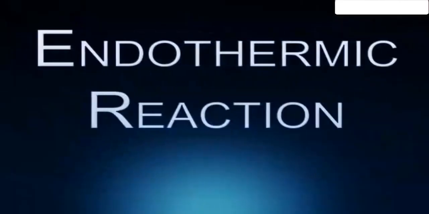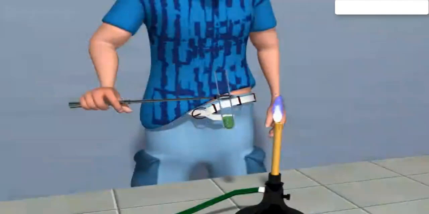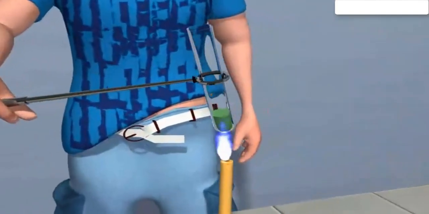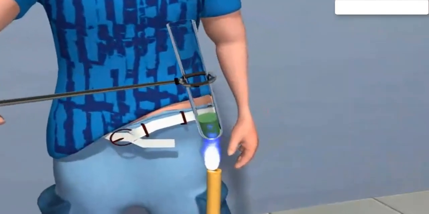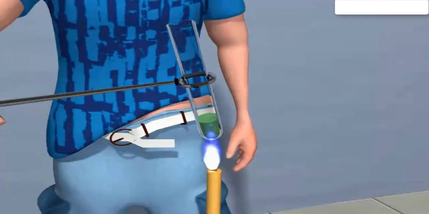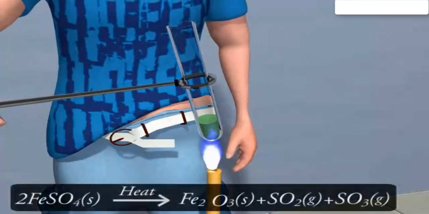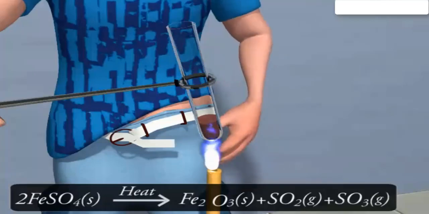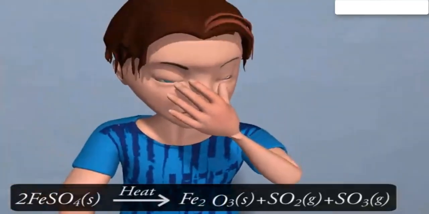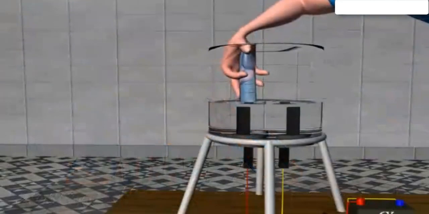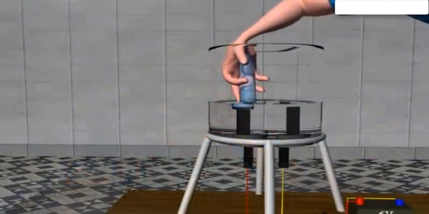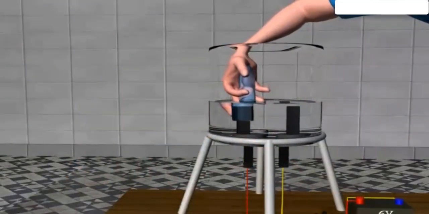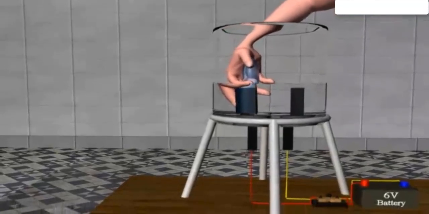Endothermic reaction. There are some reactions which take place when energy is supplied to them. For example, when ferrous sulfate is heated, ferric oxide, sulfur dioxide and sulfur trioxide are formed. When electric current is passed through water, it decomposes to form hydrogen and oxygen gas.